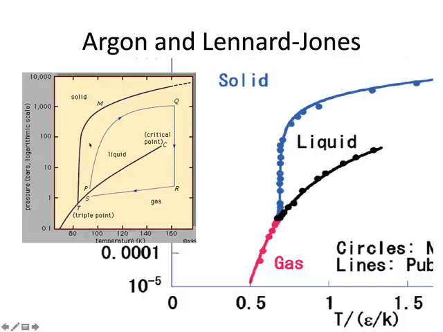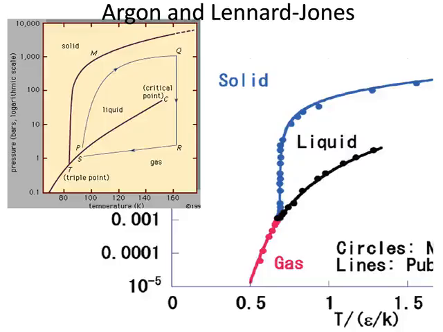And you might remember that you were asked to use argon properties for Lennard-Jones. And then the question is, you see that there are strong similarities between argon and Lennard-Jones, so how do we map between them?